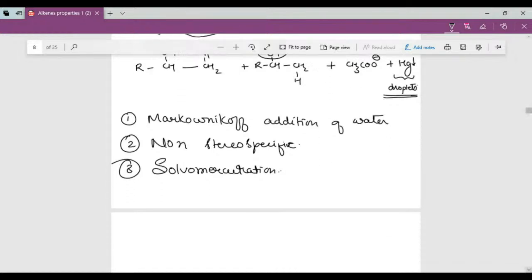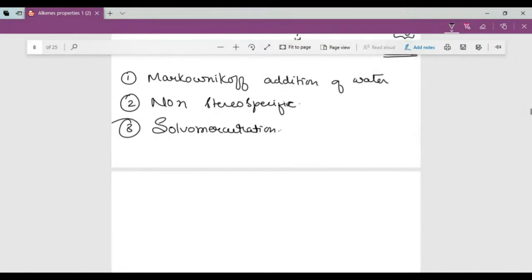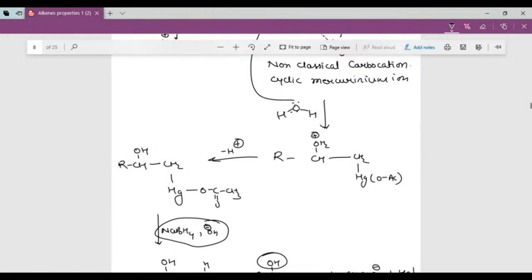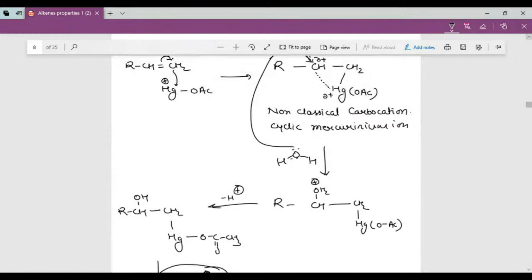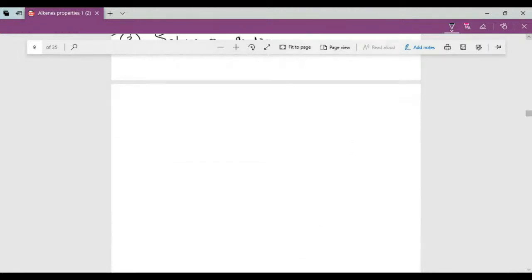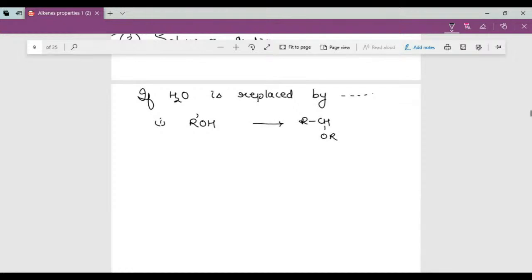Then, if I use other reagents here, in place of water, when there is this non-classical carbocation formed, the cyclic mercurinium, if water is replaced by alcohol, then in the end RCH(OR')CH3, that is, ethers are formed.